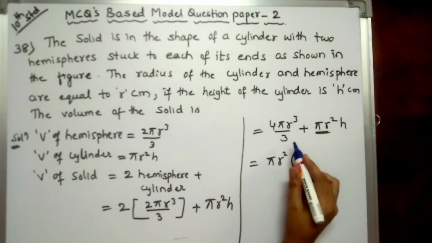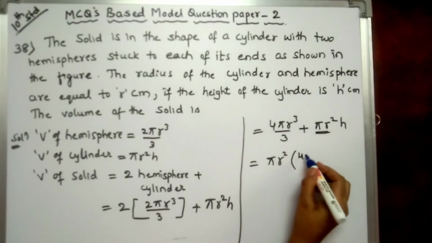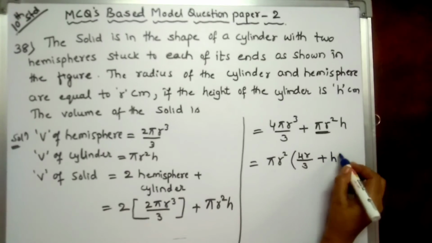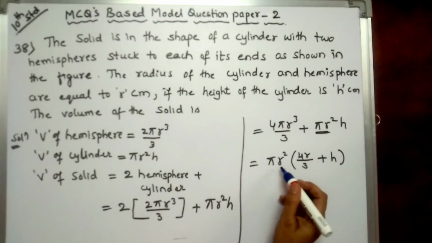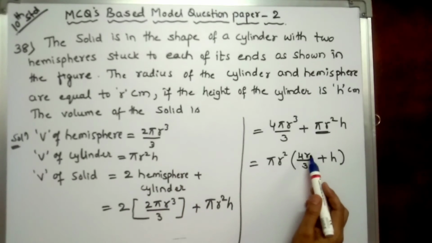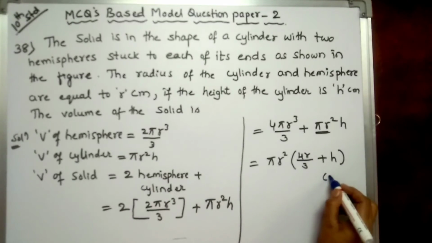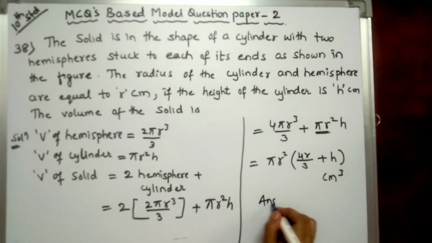Here the remaining things are 4 r and 3 in this term, plus h in this term. So this is the answer. Volume of solid is pi r square bracket 4r by 3 plus h centimeter cube. It is the volume. So option A.